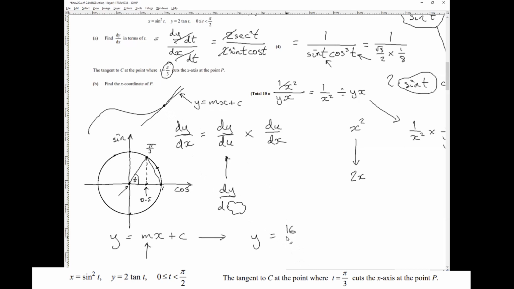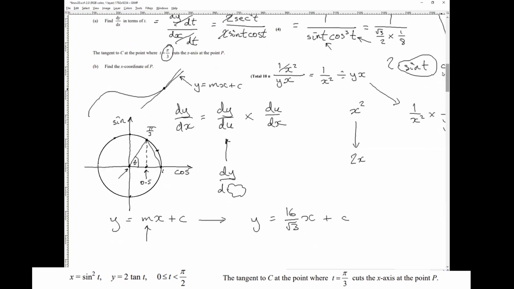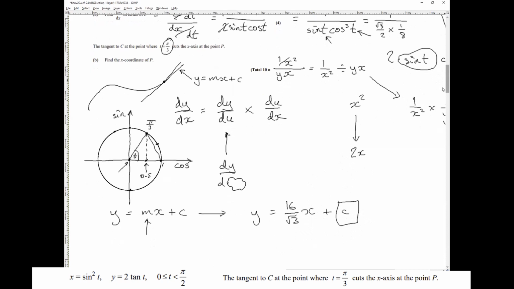So we've got y equals that fraction times x plus c. And then we also need to know the y-intercept, the c value. How can we set about finding that?